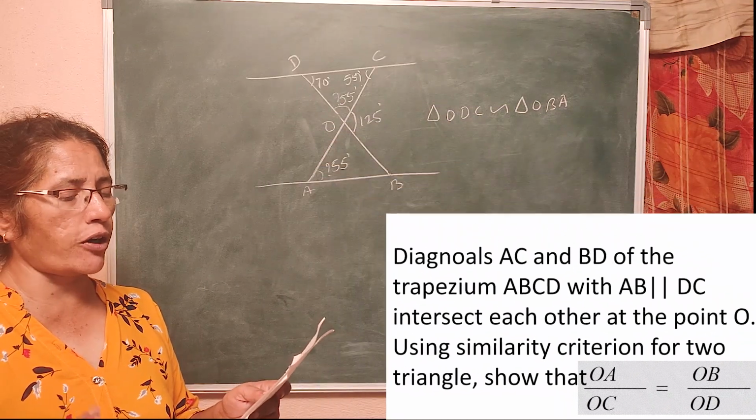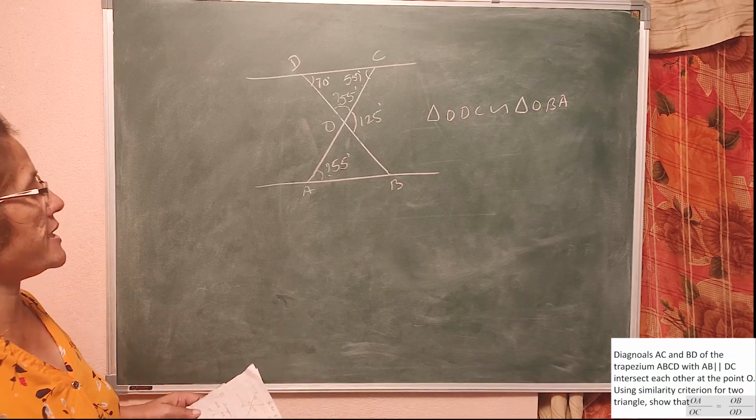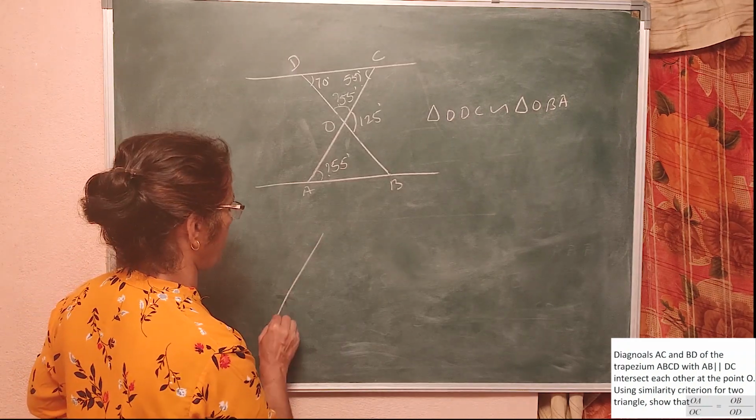Diagonals AC and BD of a trapezium ABCD, with AB parallel to CD. So let me draw the trapezium.